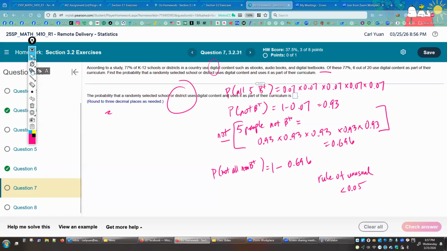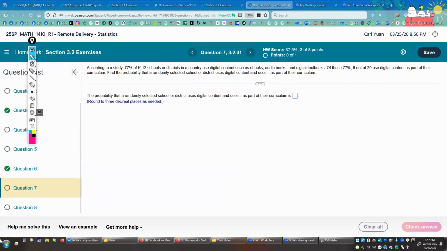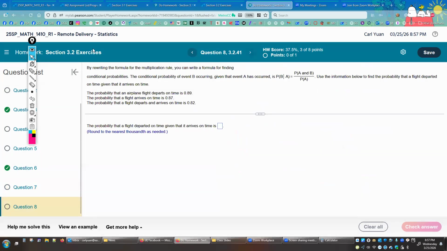Let's do number 8. By rewriting the formula for the multiplication rule, you can write a formula for finding conditional probabilities.